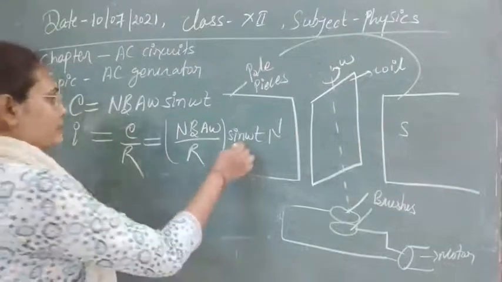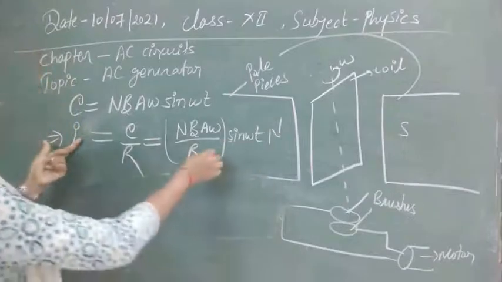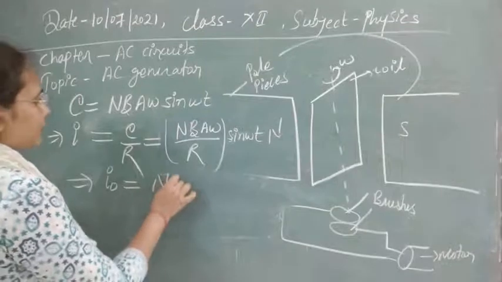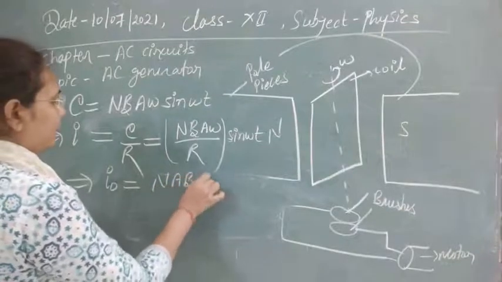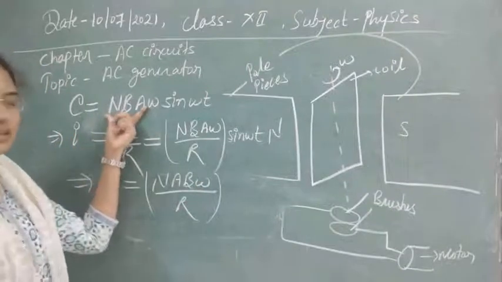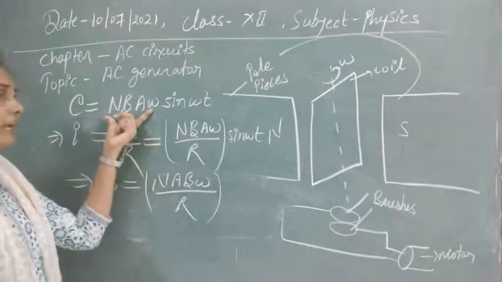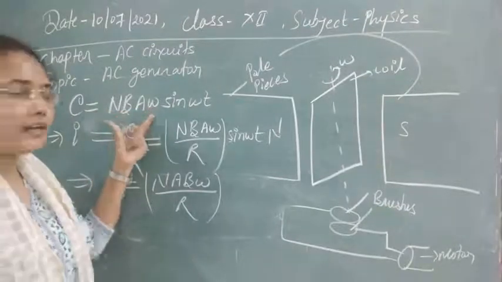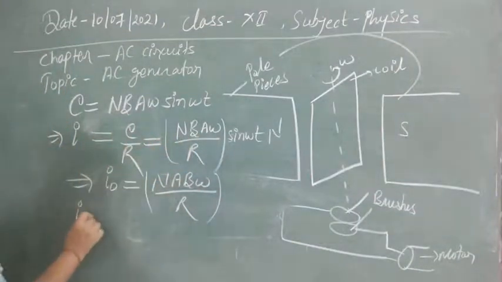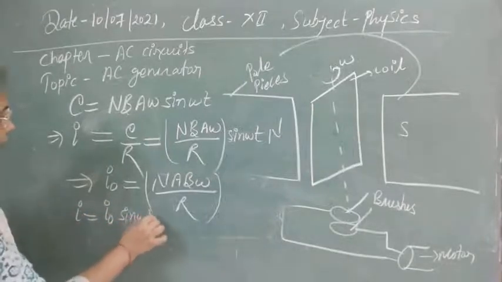And if sine omega t has the maximum value, that is 1, then we will get the maximum current. So maximum current can be obtained as NAB omega upon R. Or you can also find the maximum value of potential from here. If you put sine omega t equal to 1, then NAB omega is the maximum value of the alternating potential that will be generated. So let us write this in a simple equation: I is equal to I0 sine omega t.